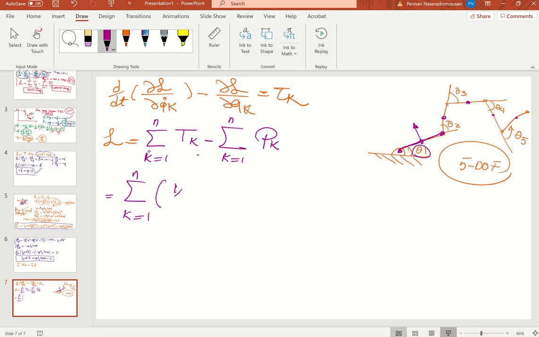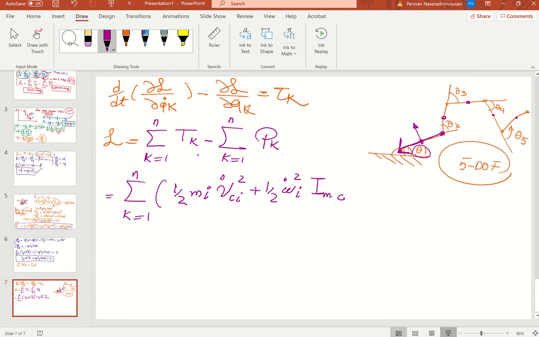So it's going to be 1 over 2 mi, the mass of link i, times the velocity of the mass center of i with respect to the base coordinate system, which is here always, squared, plus 1 over 2 omega i, of that link with respect to the base coordinate system, squared, in the i mass center.